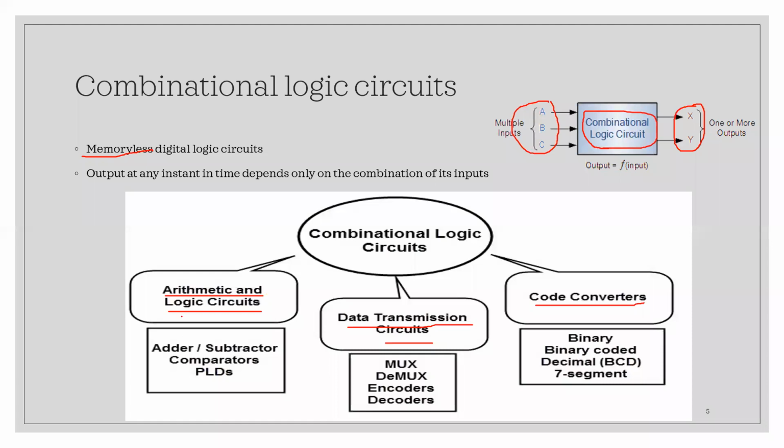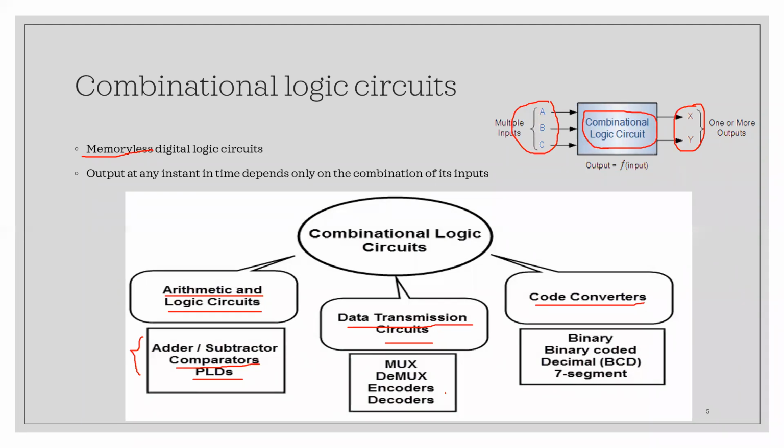Then in logic, one is the comparators, which may be a 1-bit comparator, 2-bit or n-bit comparators. Then you have something called PLDs. We'll be discussing slides regarding these also, as all of these are required in the Verilog experiments itself. This covers the first part of the experiments: adders, subtractors, comparators. If you know the truth table and how to build a circuit, how to get the expressions from the truth table, that will help you in writing the Verilog code.